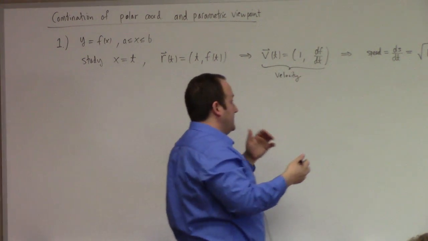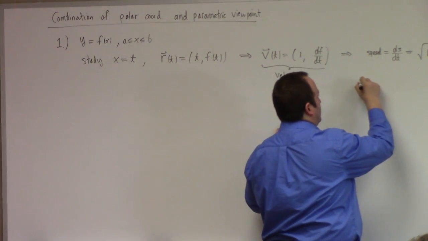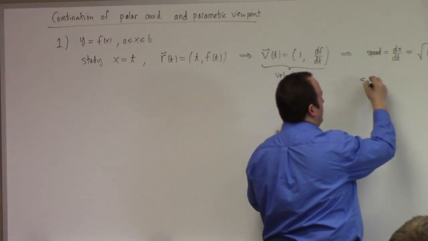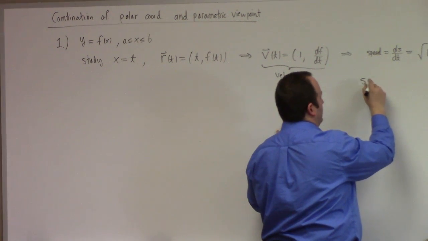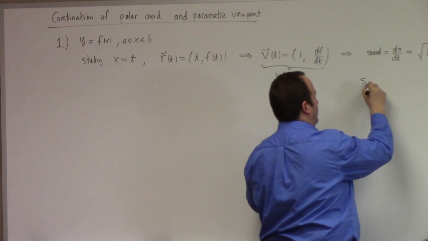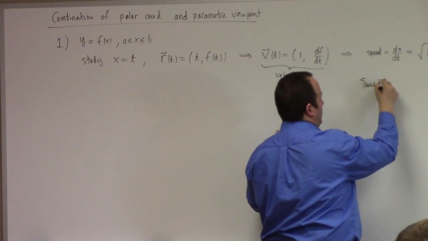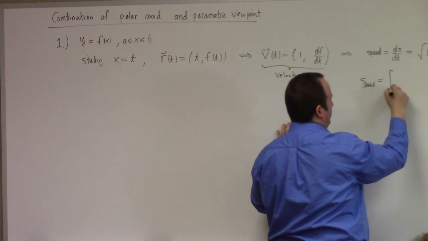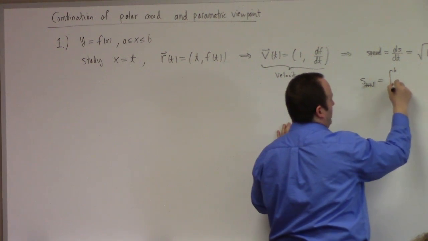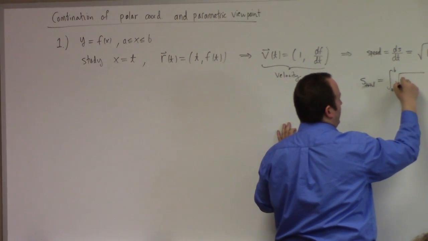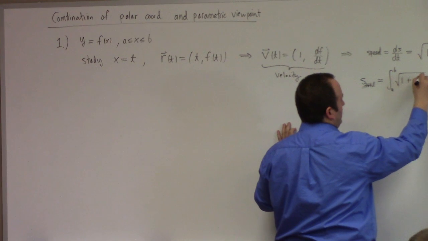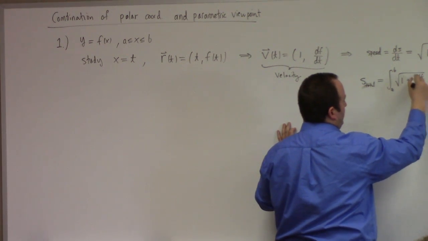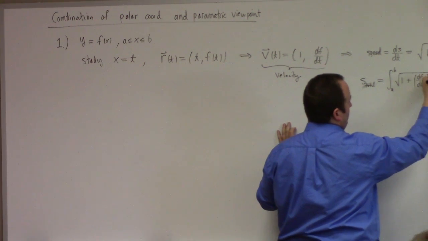So the arc length, S total from a to b, is equal to the integral from a to b of the square root of 1 plus df dt, quantity squared, dt.